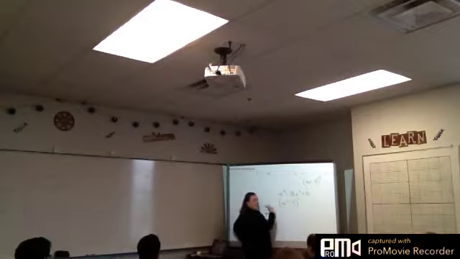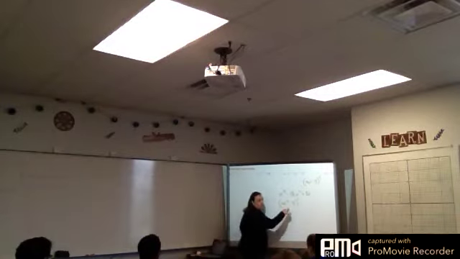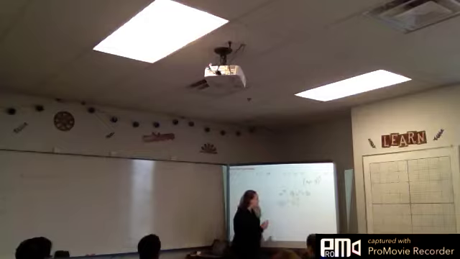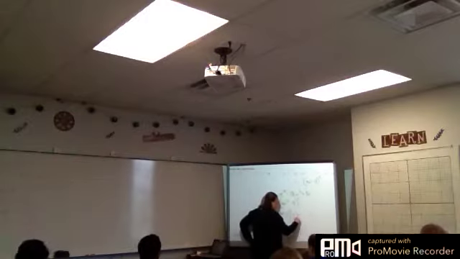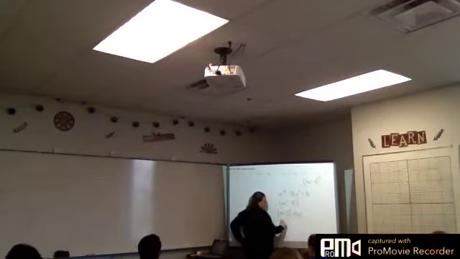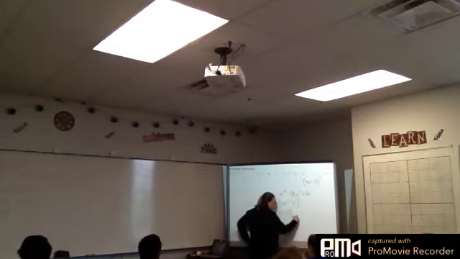W squared minus 9. A perfect square, a difference of squares, right? So you would have to continue to factor that. And since there's 2 of them, you would have W minus 3 squared, not plus, I don't know why I said plus, times W plus 3 squared.